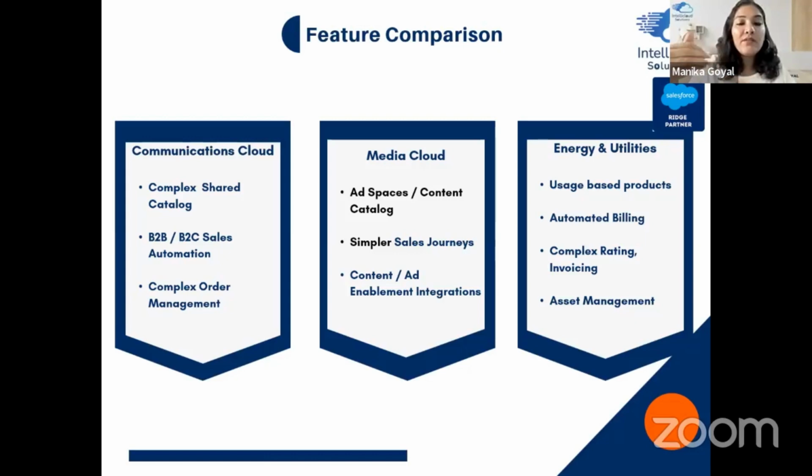And primarily from the energy utilities perspective, it's more like usage-based products which you can configure and bundle up. Shared catalog is available across the three, but of course with a different point of view or a different industry aspect, I would say.